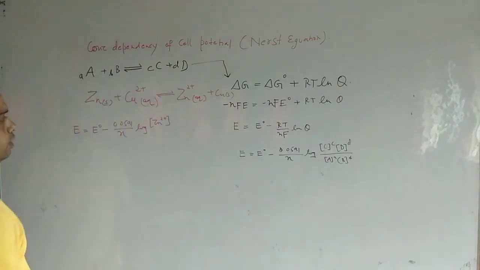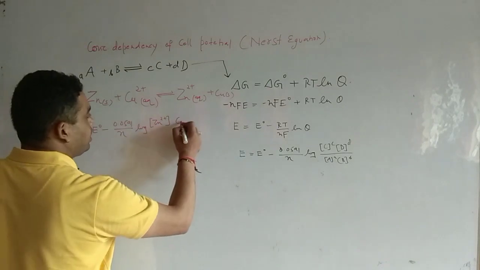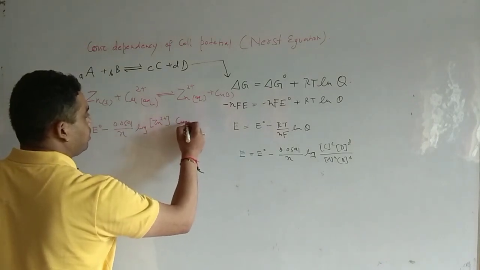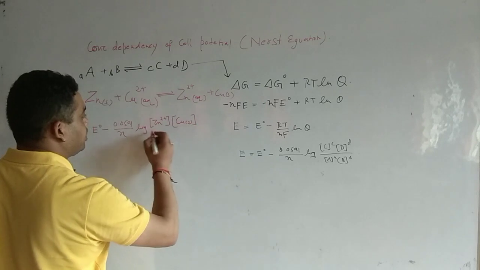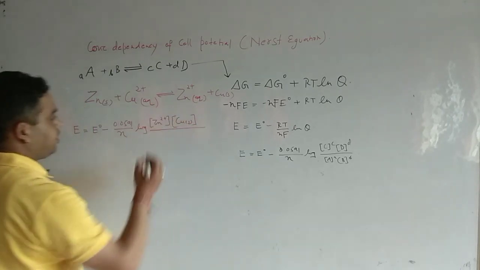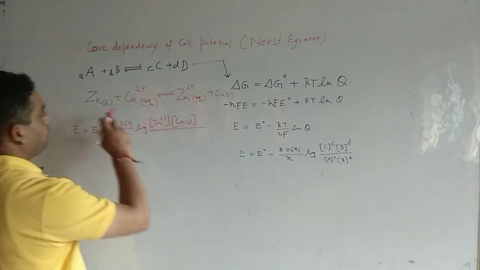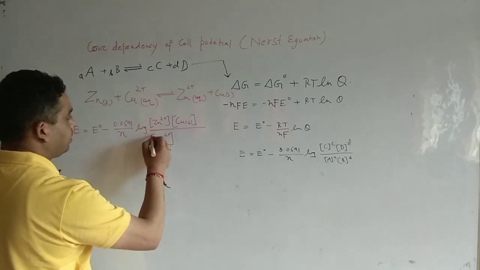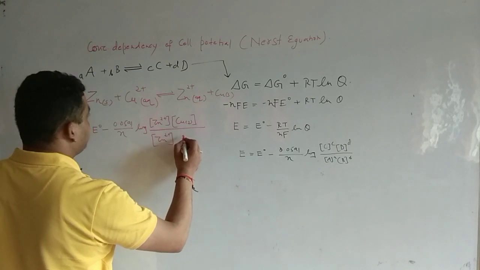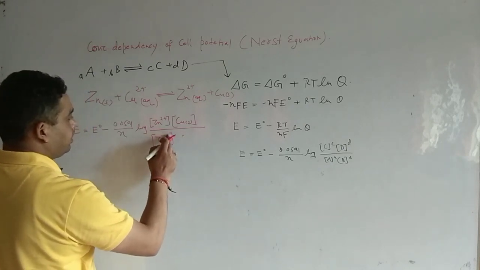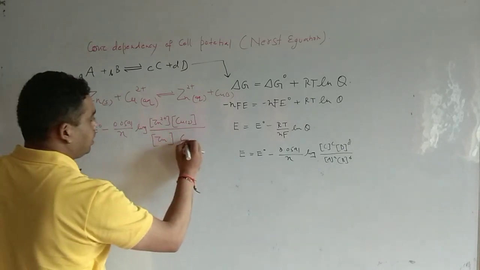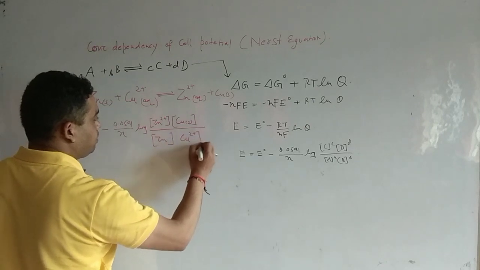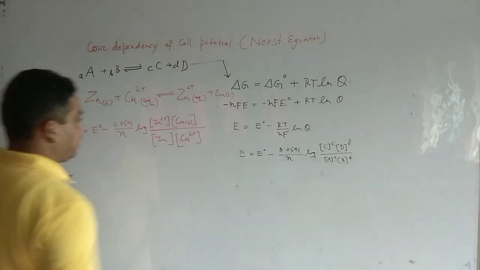Similarly here copper is there, you can write copper solid, the concentration of this particular one, divided by this as well. Not Zn2 positive, it is Zn actually, and this is Cu2 positive. In this way you can write.